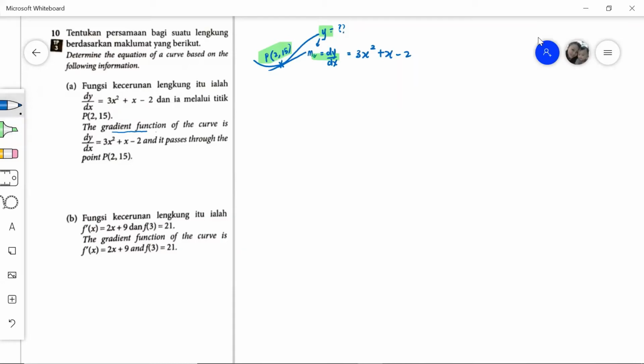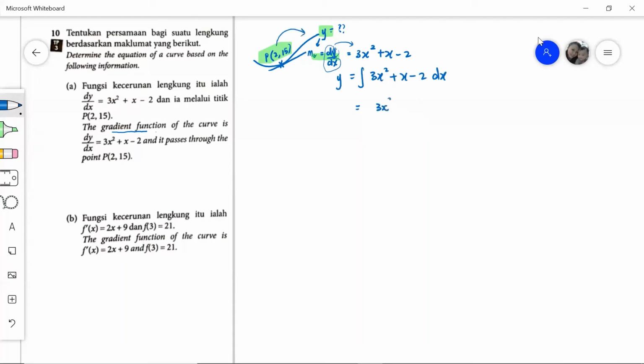So what do we do next? Since we need to find y, we bring this differentiation notation across to the other side. That means we reverse the function of differentiation, so the inverse function will be integration. So y equals the integral of 3x squared plus x minus 2 with respect to x.